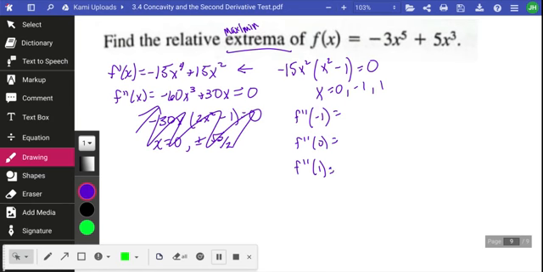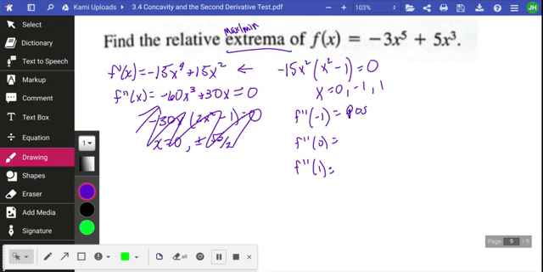All right, and I will plug in, and you're just looking at positive and negative. So again, I really don't need these actual values. I just need to know if it's positive or negative. So I will plug in negative 1, and negative 60 times negative 1 cubed is a negative times a negative, which is positive. And then I'll plug in negative 1 to the 30x, which is minus. And so this will be negative 30, and so this will be positive.